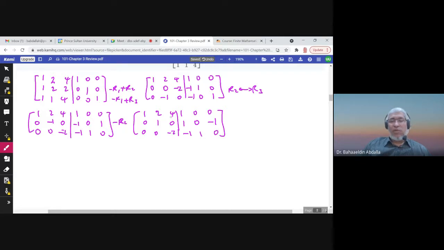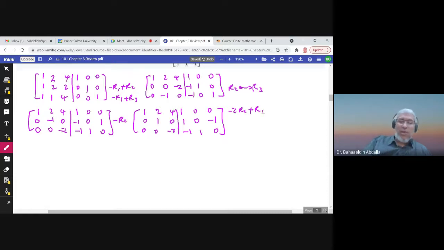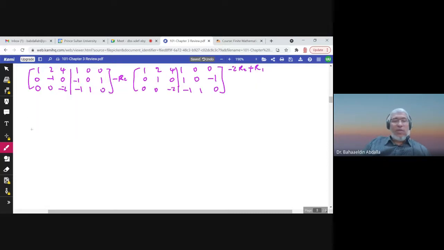Now this 2 has to be 0. So negative 2 R2, I use R2, will make the 2 0. So I will have now the second row as it is. And the third row, there is no change.